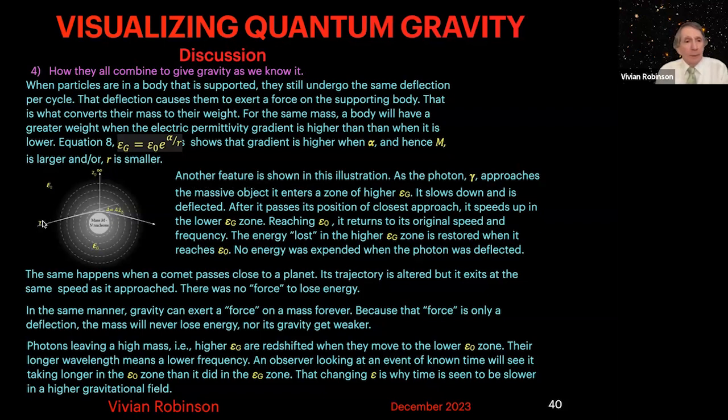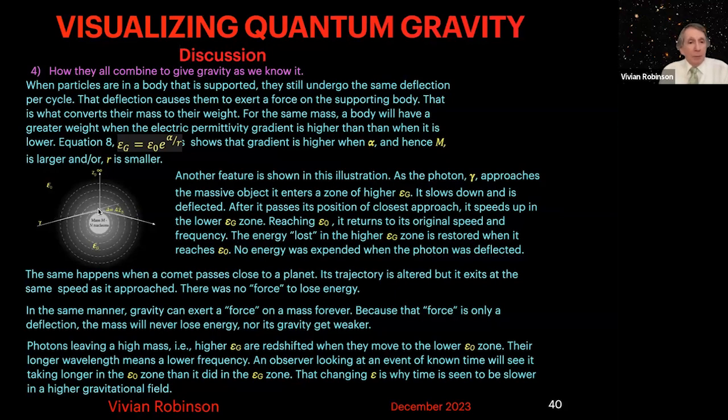As the photon gamma approaches its massive object, it enters the zone of higher epsilon g. It is slowed down, deflected, and after it passes its position of closest approach, it speeds up, reaching the lower epsilon g zone. Reaching epsilon naught, it returns to its original speed and frequency.